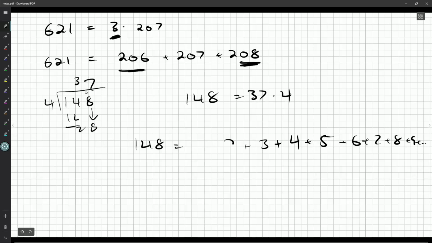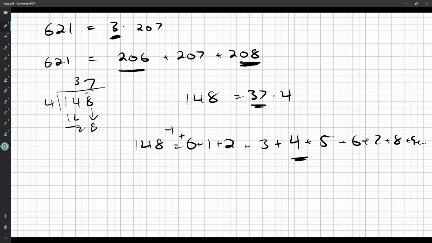And the problem here is their condition of positive numbers runs into a problem, because we'll actually start going negative. 148 is a sum of 37 consecutive numbers with 4 in the middle, but the problem is 4 is too small. So if 148 is a sum of consecutive numbers, we're not going to be able to use the odd trick because 37 is a prime, so we've got no other odd factors other than 1.